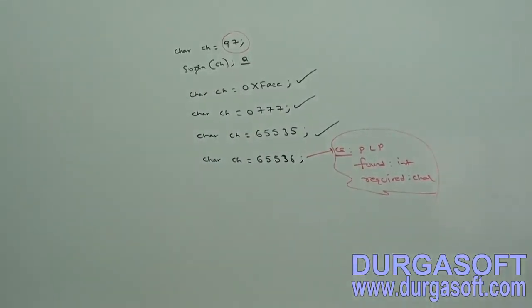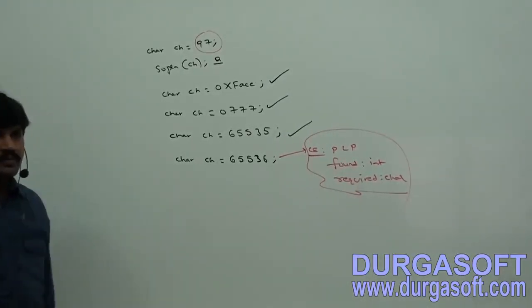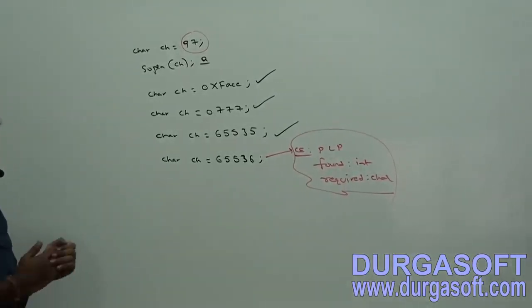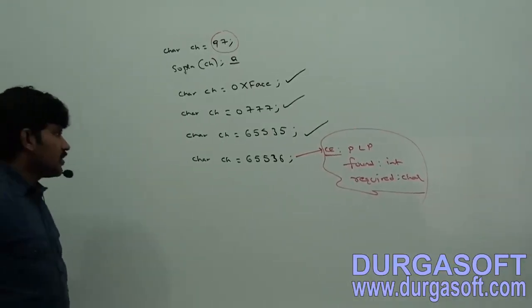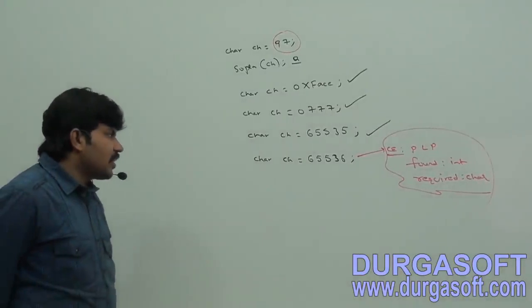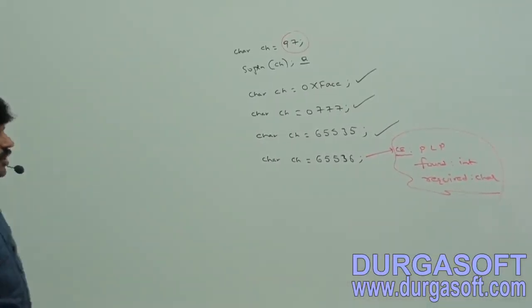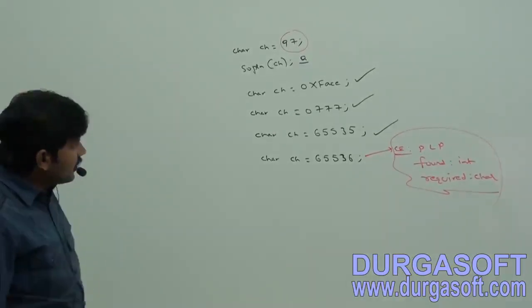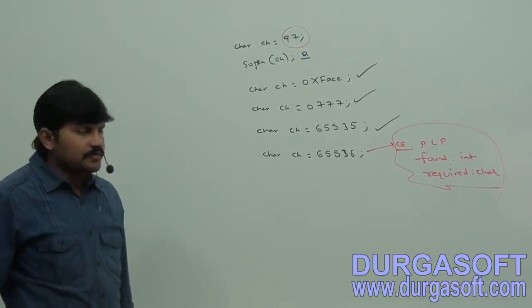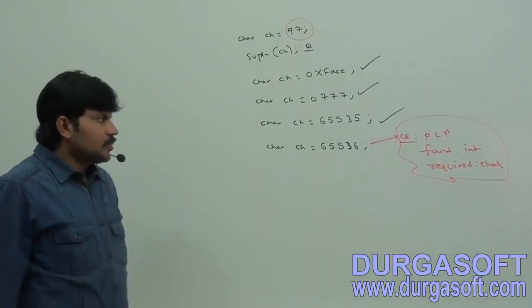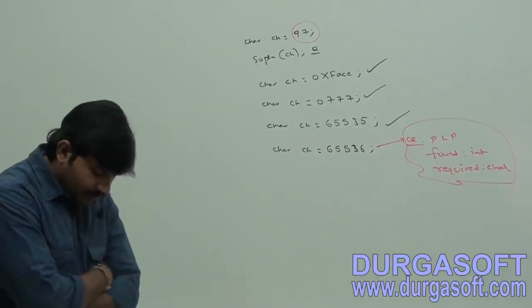Char ch is equal to 0xface. Char ch is equal to 0777. Char ch is equal to 65,535. Valid. Sir, we can specify a char literal either in decimal or octal or hexadecimal forms, no problem at all. And 65,536: we will get a compile error, possible loss of precision, found int, required char.